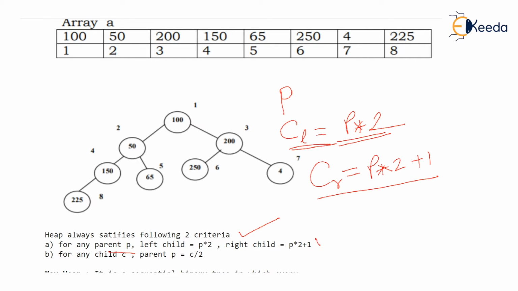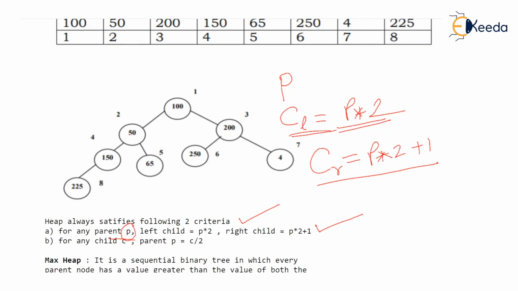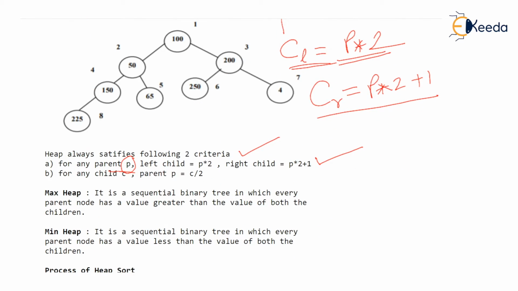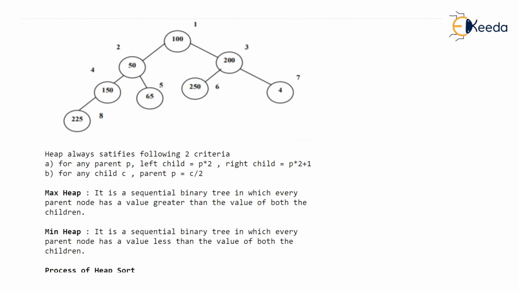Given a parent number, you can easily find child numbers. And vice versa is also true. If we are given the child number, C is the child number, then you can find out the parent number. Because if C is the child number, then the parent number is C upon 2. Indeed, floor of this, but we assume that we are talking about integer division.